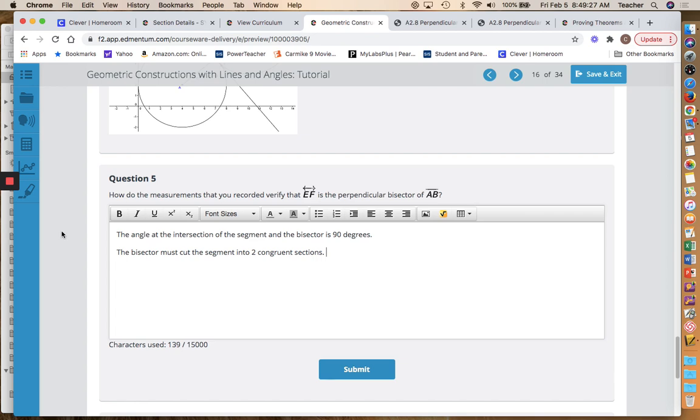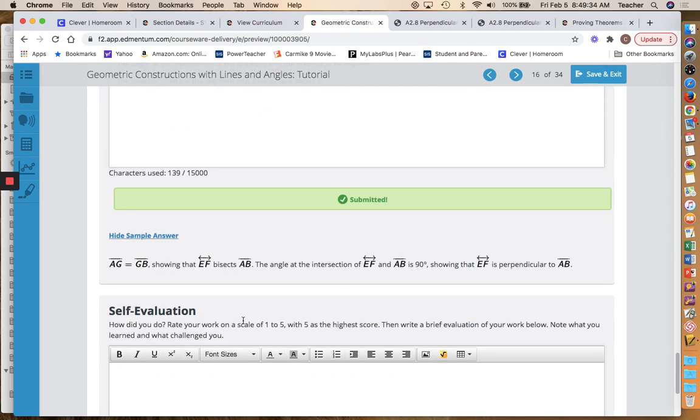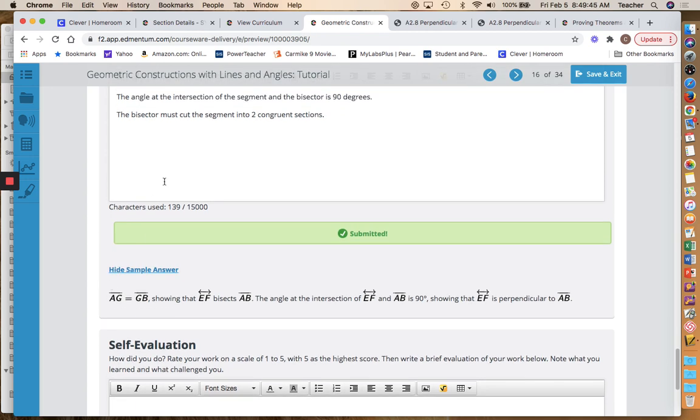Again, that's just what bisector means. So I'm going to hit submit, just using my vocabulary, you guys. All right, so they got the 90, which is perpendicular, and they got the bisect, which means they're equal, 2 equal parts. There we are. So they just use their letters and stuff, and I just use my statements.